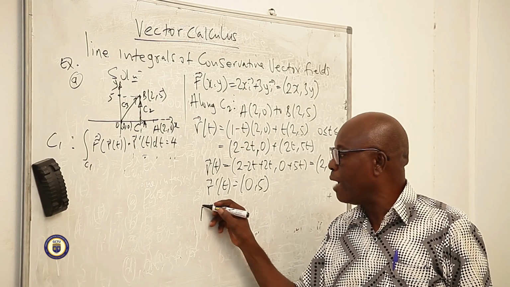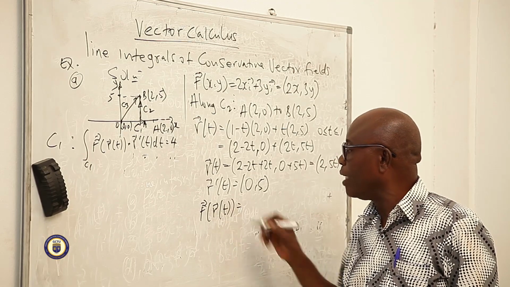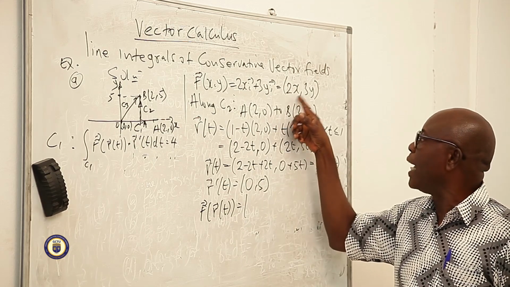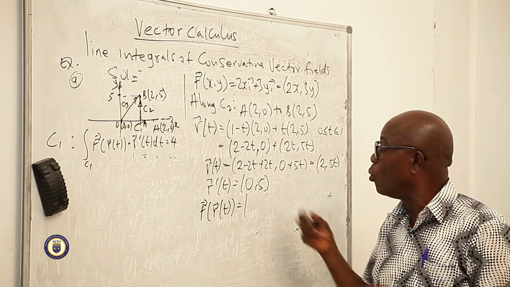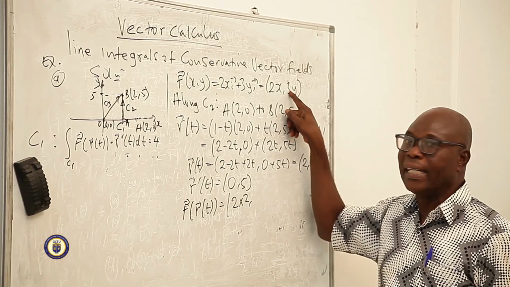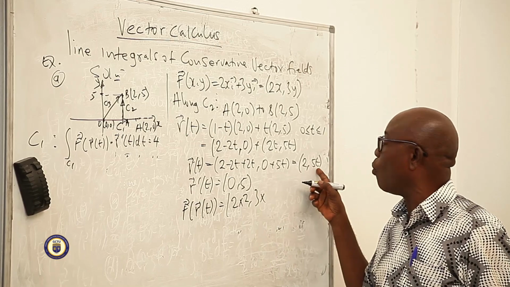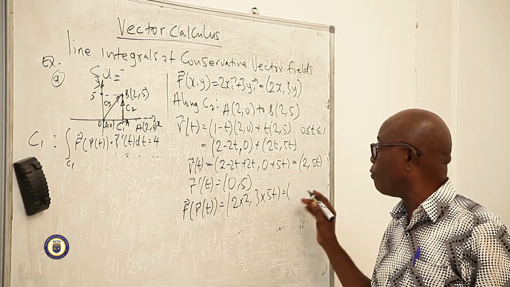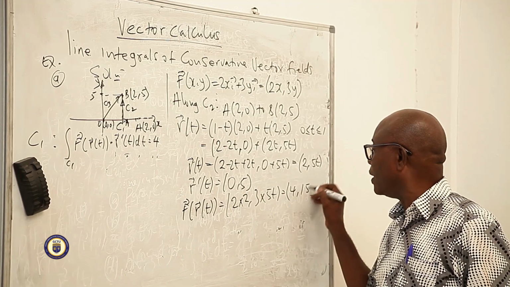So f of r of t will give us, instead of x, 2x, and x is given as 2, so 2 times 2. Then the y component will be 3 times y, and y is 5t. So 2 times 2 will give us 4, and 3 times 5t will give us 15t.